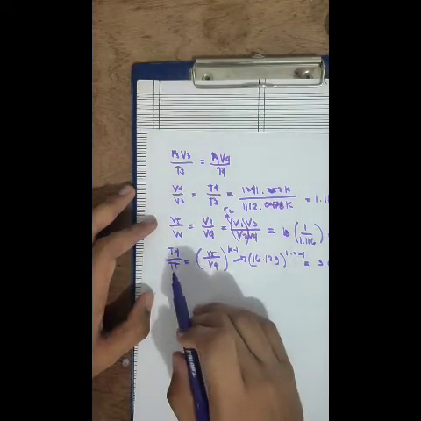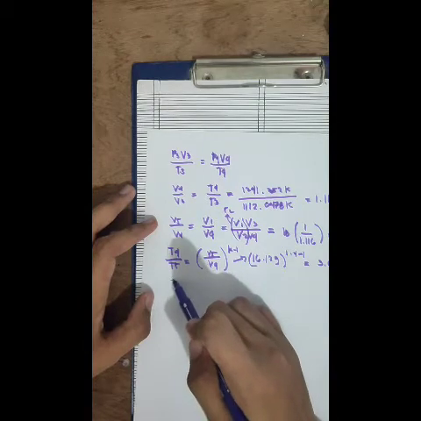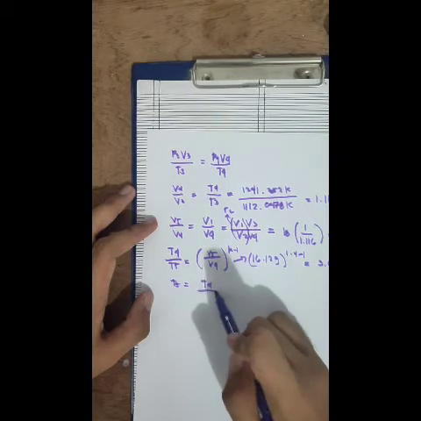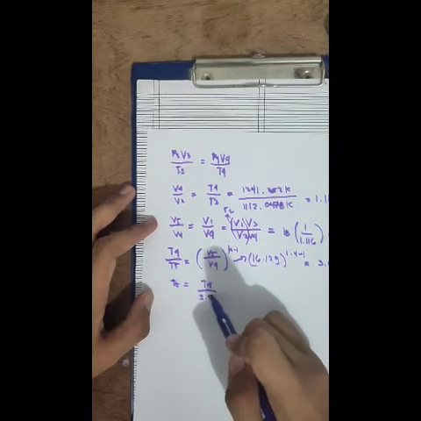Substituting this, we get T5 is equal to T4 over 3.041.